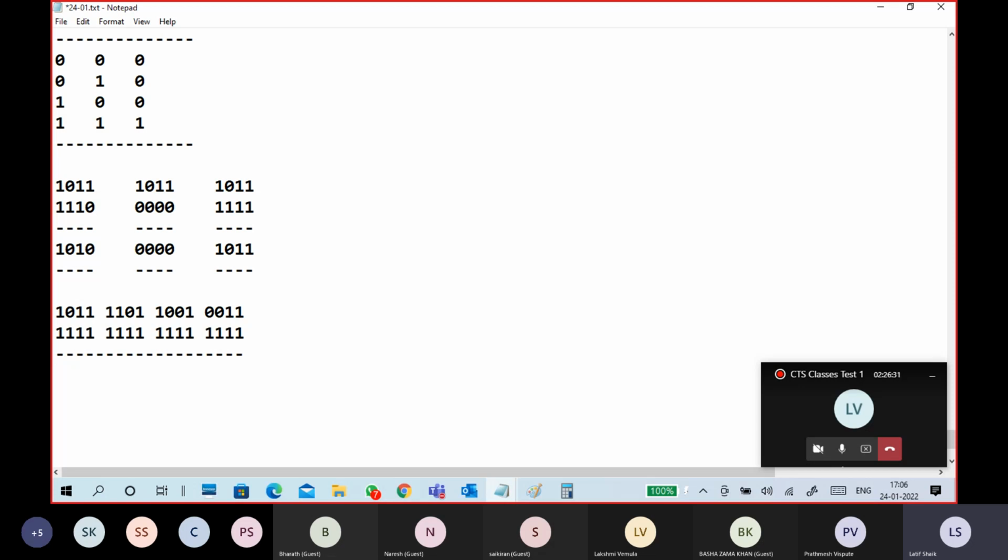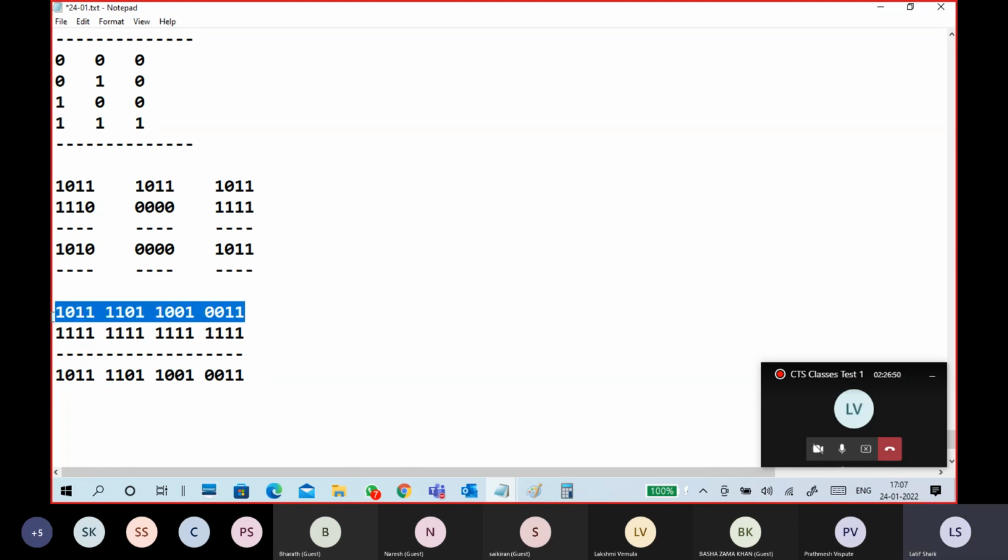So how to do it? Put the direct input here, because this side is all ones only. Whatever is there will come here, so no change in it.